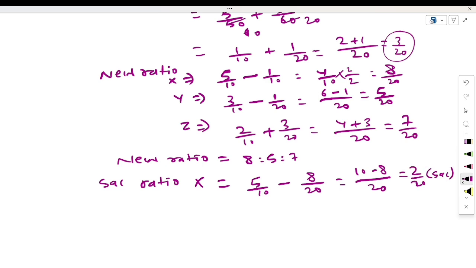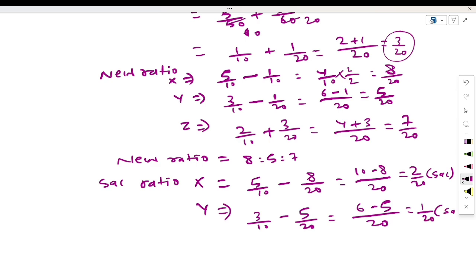X is sacrificing here. For Y, 3 upon 10 minus 5 upon 20. 20: 6 minus 5, 1 upon 20. He is also sacrificing here.